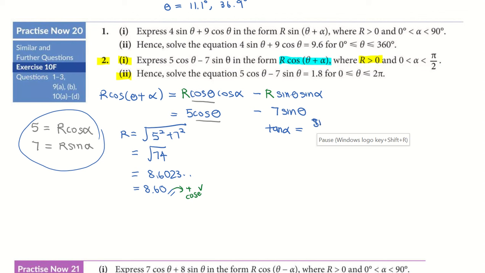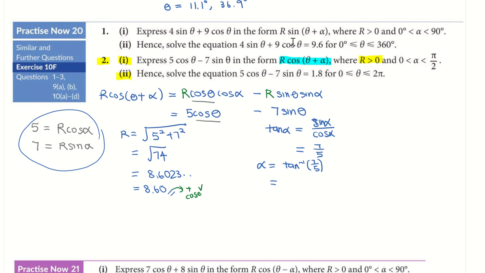If I want to give workings, this is for those of you who are lost: tangent is sine alpha over cosine alpha, which is 7 over 5. What did I ask you to do next? Find the inverse, because we find the reference angle. Inverse of the 7 over 5.